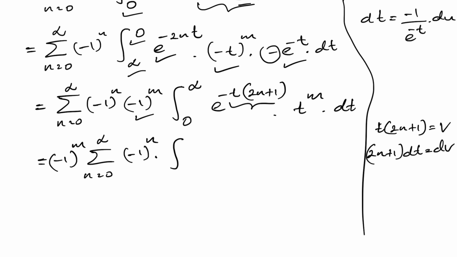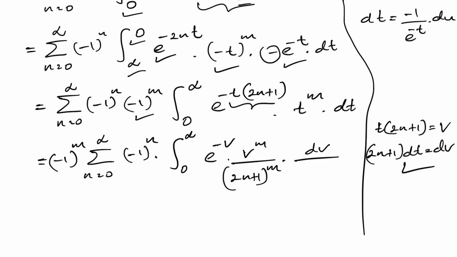If we change the limits, they are also 0 to infinity. Now e to the minus v, times t to the m power, where t is v over 2n plus 1, so v to the m power over (2n plus 1) raised to the m power, times dt. We can isolate dt as dv over 2n plus 1.